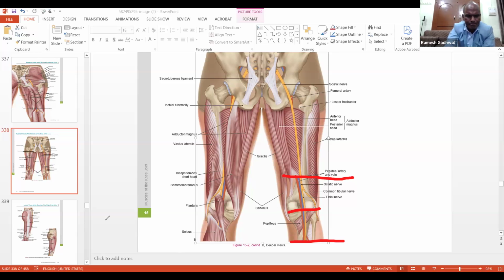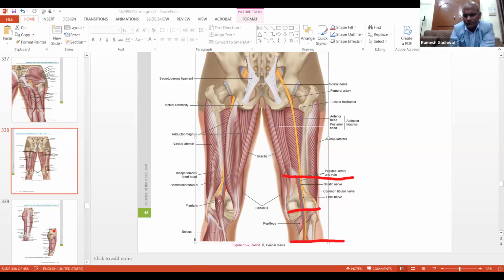Okay, sir. Thank you. Hello, Prof. I think the artery is the red thing beside the blue line. Blue is vein. Yellow is nerve.